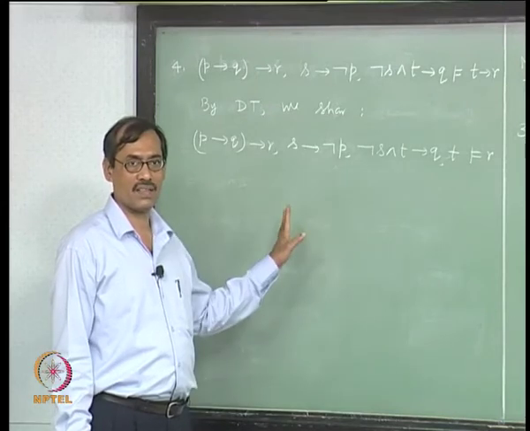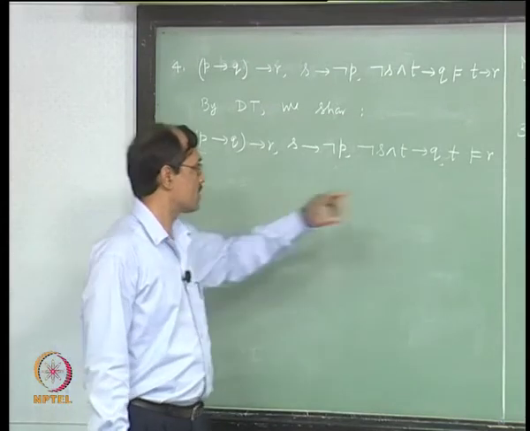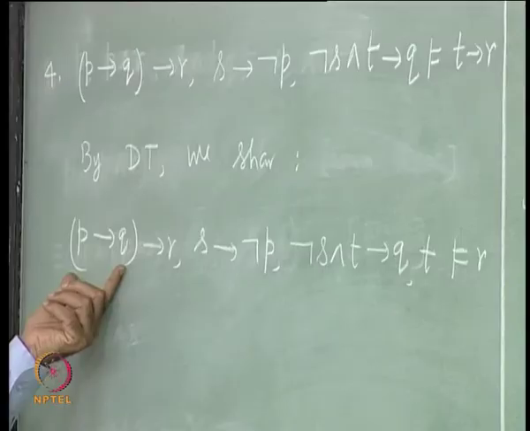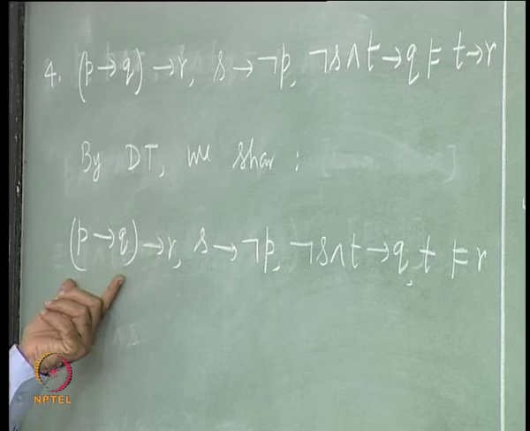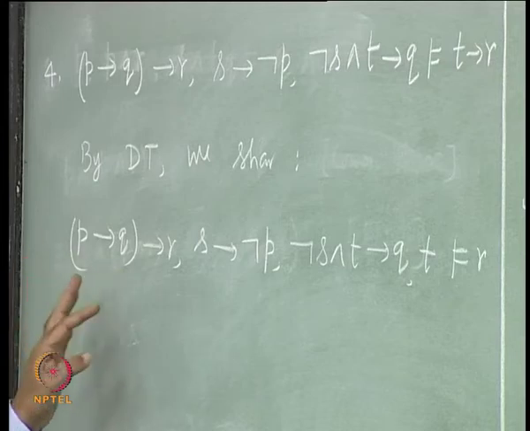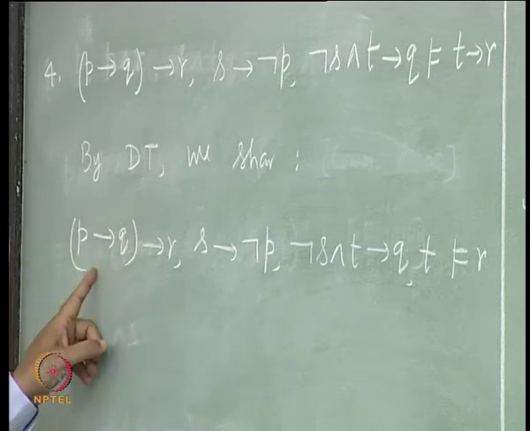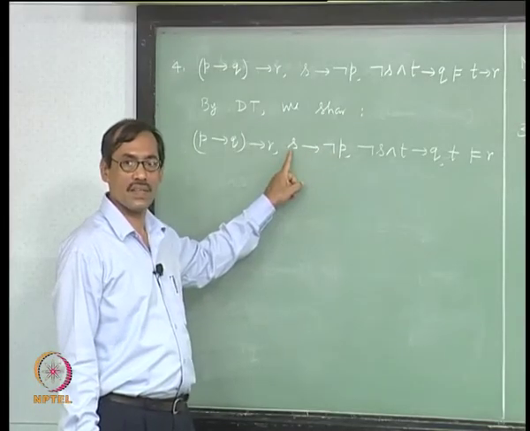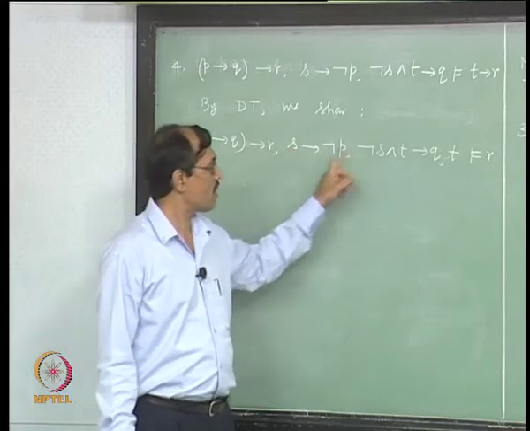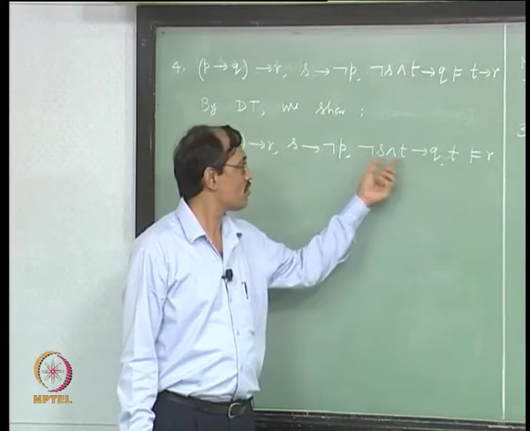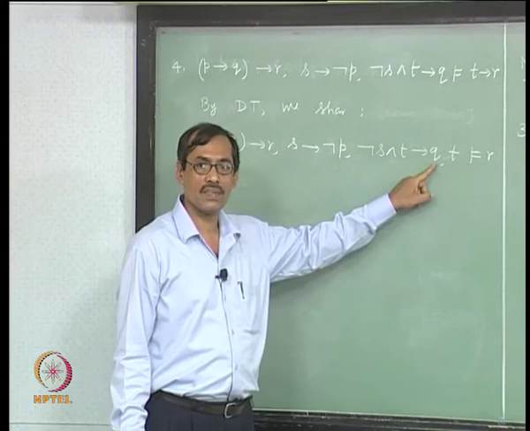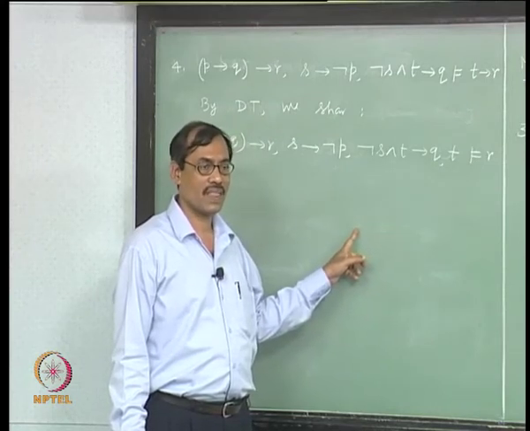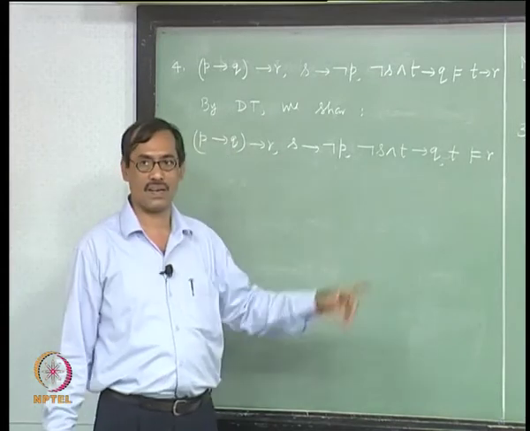Do you understand the backward reasoning? It says we want R, so you should prove first P implies Q. Now, to prove P implies Q, we assume P, derive Q. So, if you assume P, then along with this it gives not S, right. You have not S, you have T. So, from that you get Q, therefore, P implies Q. Is that okay? Then from P implies Q, you go to R.